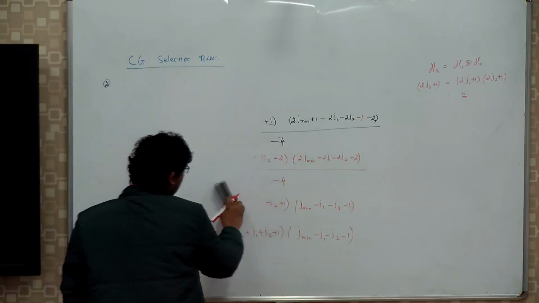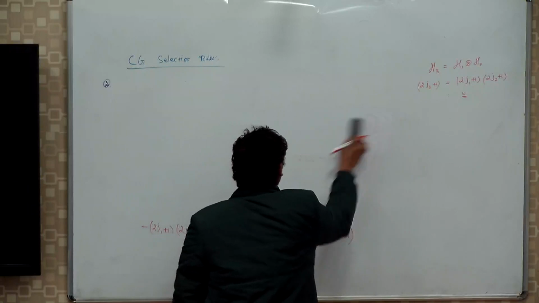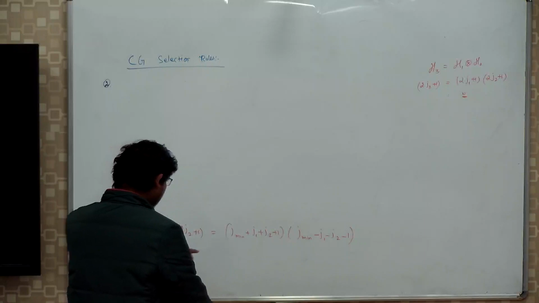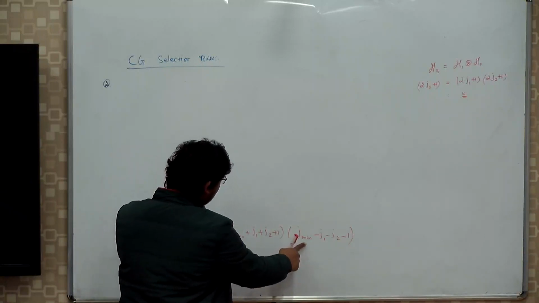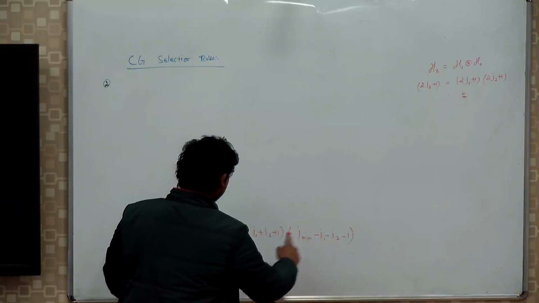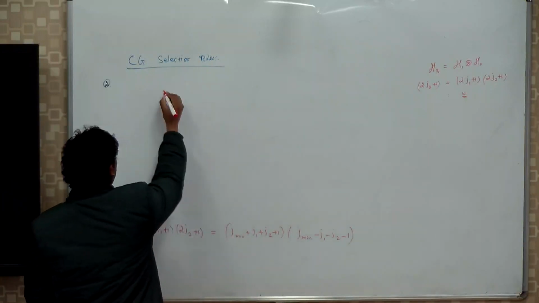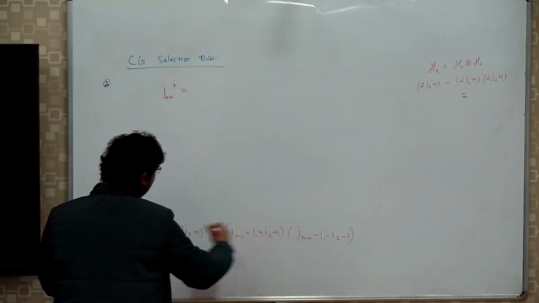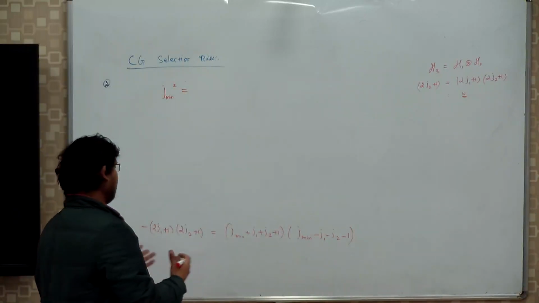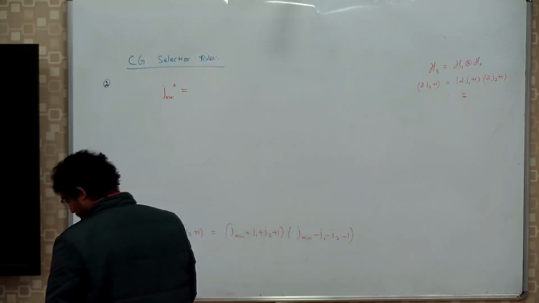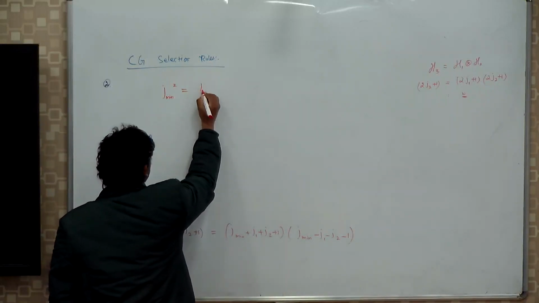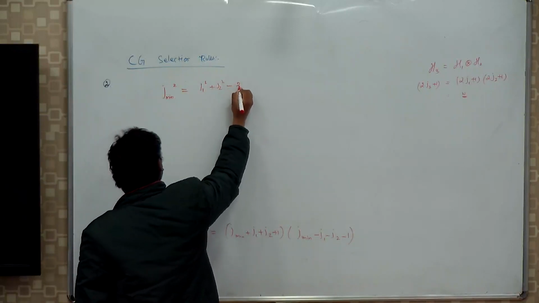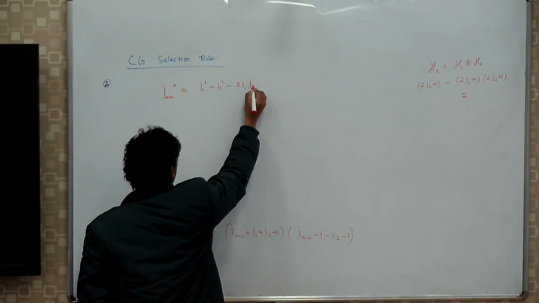If you sort out this term, finally we will end up with j minimum squared, because if you multiply j minimum with j minimum, the square will come. Then the other terms you can sort out. Finally, j minimum squared is just a multiplication and then rearranging the terms from right and left, that's it. So j minimum squared equals j1 squared plus j2 squared minus 2j1j2.